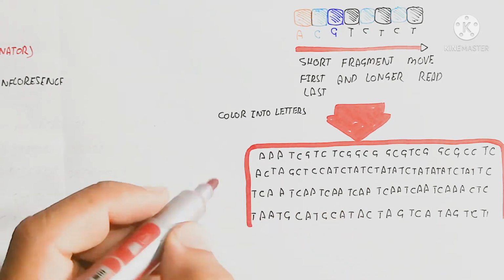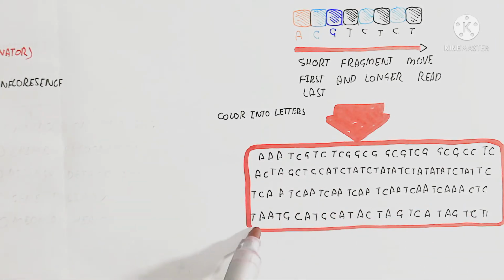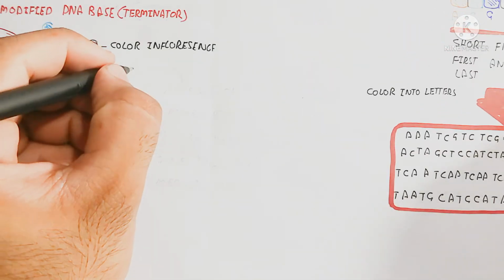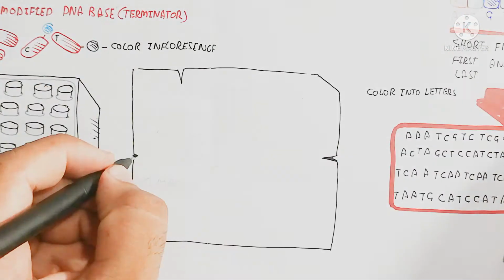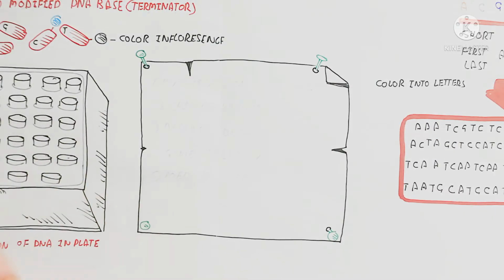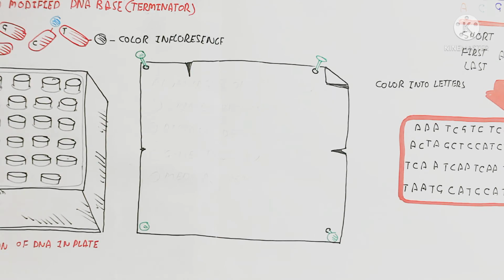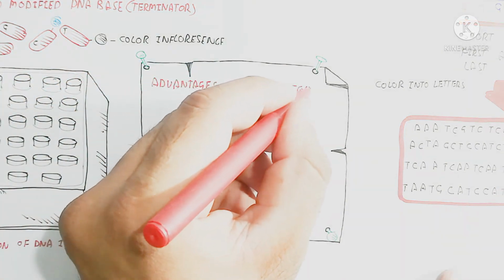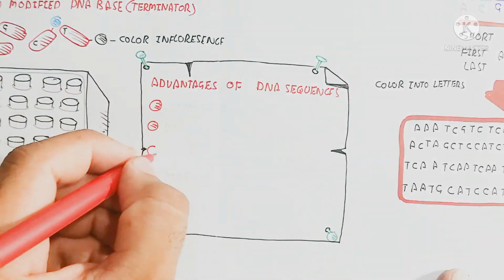So here is the DNA segment. Let's begin to understand the advantages of DNA sequencing: crime recognition, disease detection, gene therapy, molecular study, healthcare, and many others.